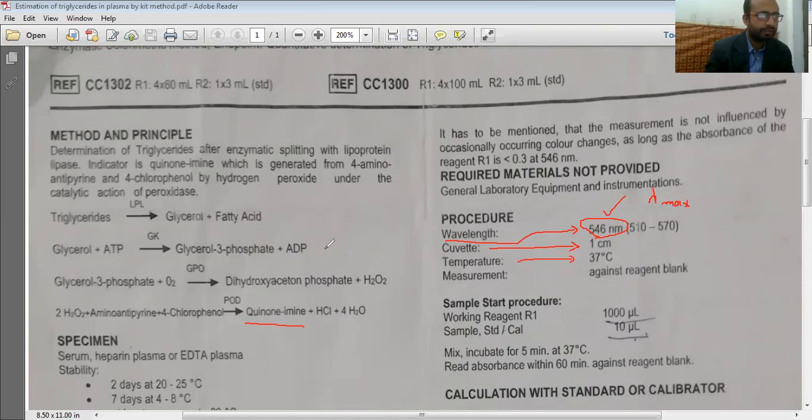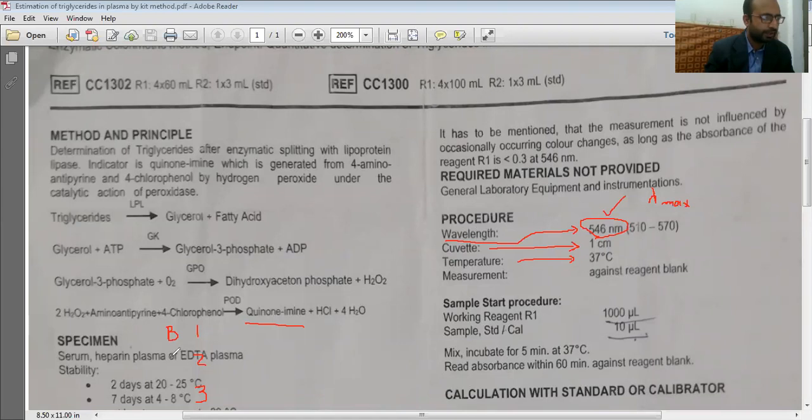Here, let's say we have three test tubes: one test tube, second test tube, and third test tube. You will label the first test tube as blank. In this test tube, you would not add the sample, you would not add the standard. Rather, you will add the distilled water.